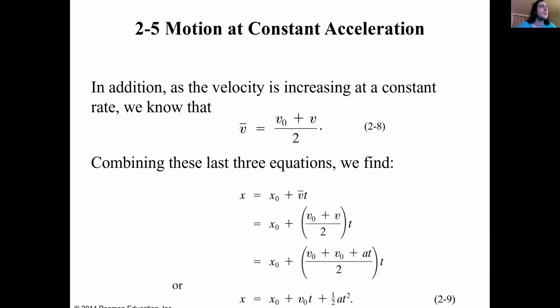So what we do here in a situation like this is we take the idea that the displacement is going to be your initial displacement plus your average velocity times time, right? And we plug in this formula for the average velocity, okay?